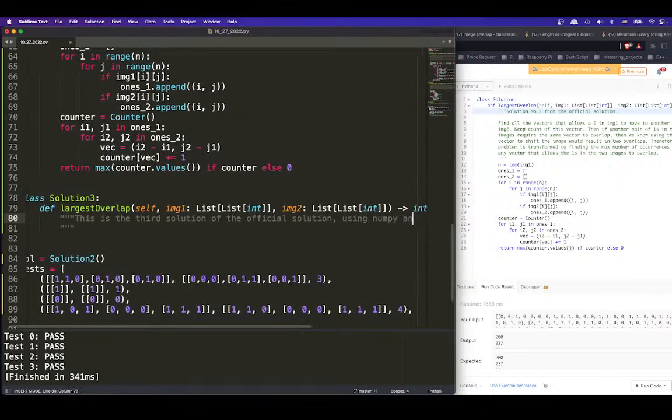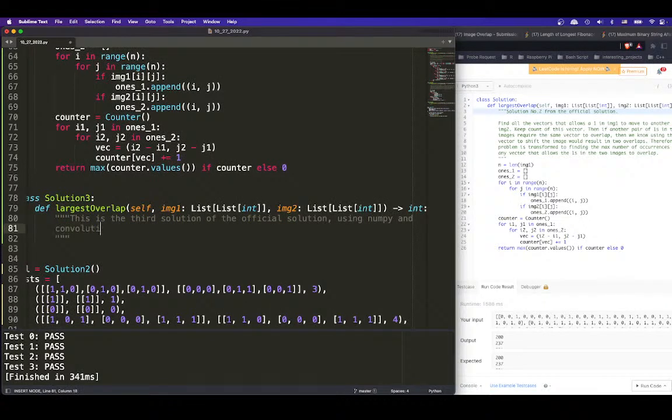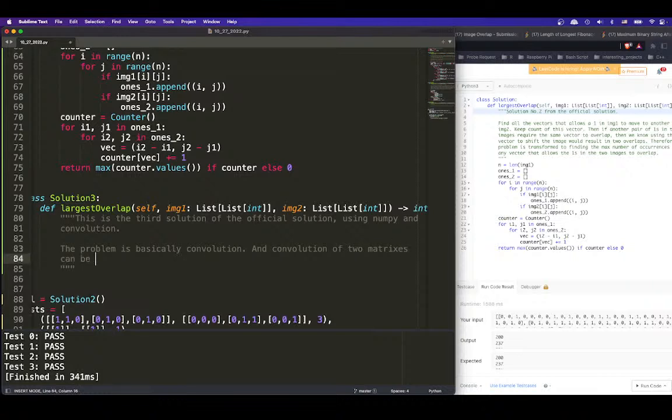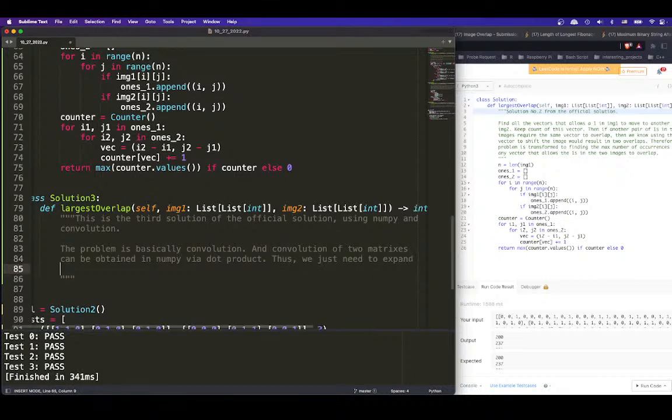Using NumPy and convolution. So this problem is basically convolution. And convolution of two matrices can be obtained, right, in NumPy via dot product. Thus, we just need to expand one of the images, right?